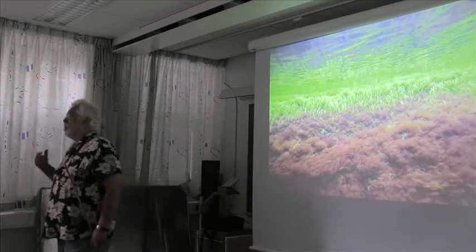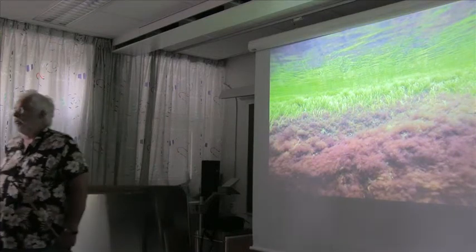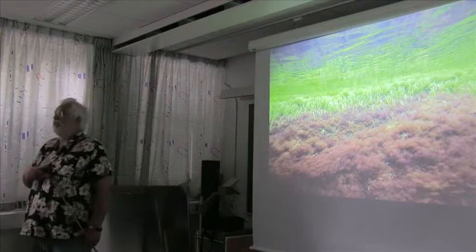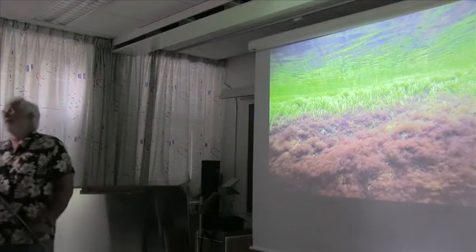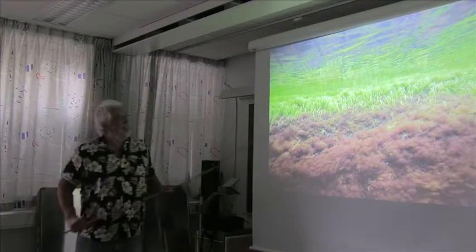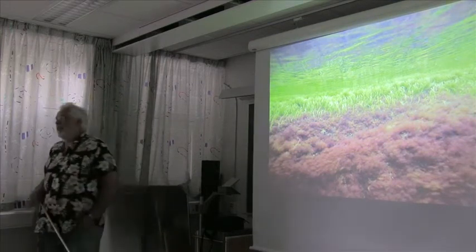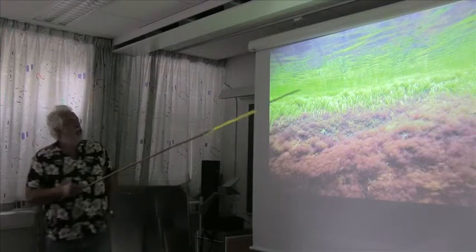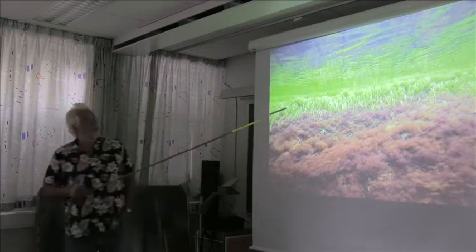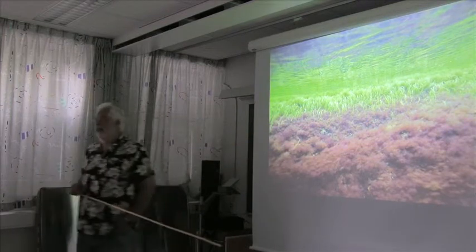Epiphytes on plants is not a bad sign, it's a good sign. Too many epiphytes, what is too many epiphytes? It's a bad sign. I'll show you some examples later. This is a typical scene you can see this time of the year, where this green algae community is replaced by the red algae community.